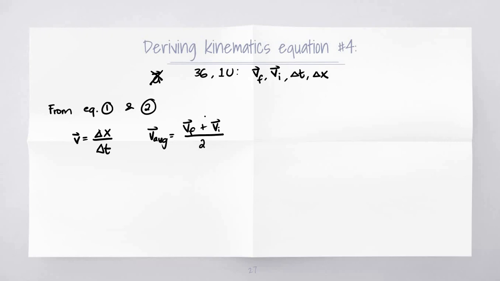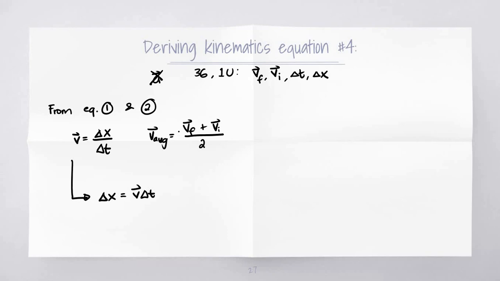Alright, so the first thing that we need to do is to make equation number 1 linear. To do that, we cross multiply delta t to the other side of the equation, which gives us delta x is equal to velocity times delta t. Now we're left with equation number 2. As you may see, equation number 2 is equated to average velocity, and average velocity is still considered velocity.